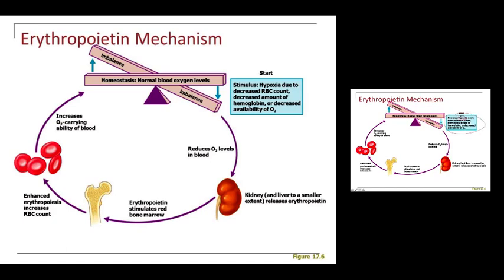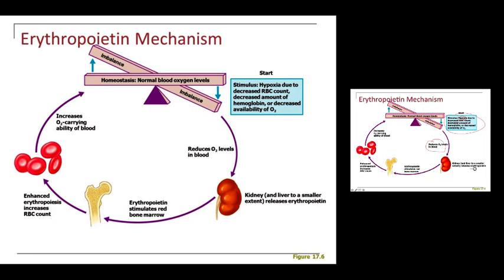When we talk about hypoxia, decreased oxygen, maybe it's due to decreased red blood cell count, maybe decreased amount of hemoglobin, maybe simply being in an environment where there's not enough oxygen. Nonetheless, in any of these cases, there's going to be reduced levels of oxygen in the blood.